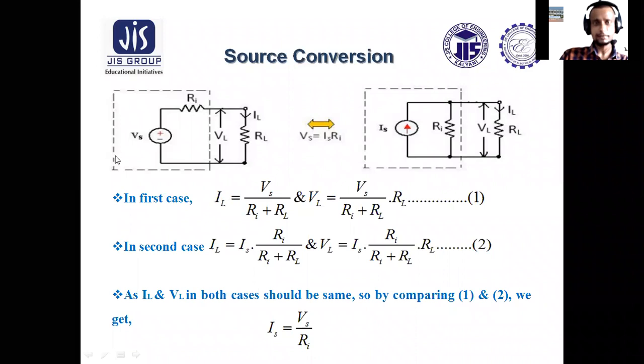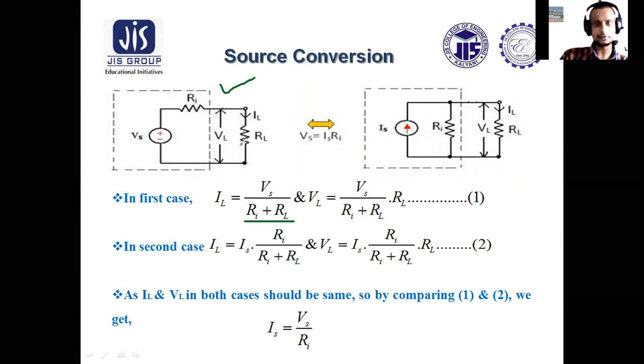Okay. In the first case, for the voltage source, IL equals what? Ri and RL are both connected in series. So IL equals the total voltage Vs divided by the total resistance, that is Ri plus RL. This is IL. And what is VL?